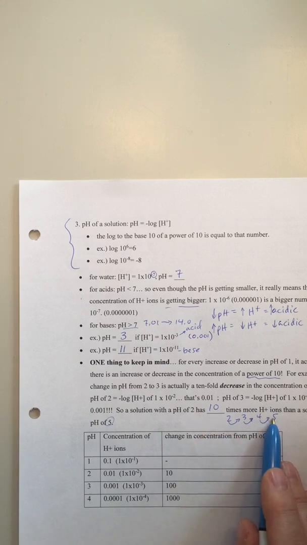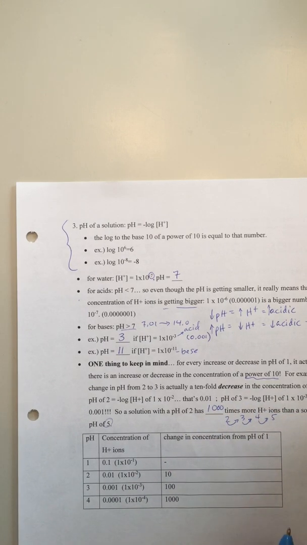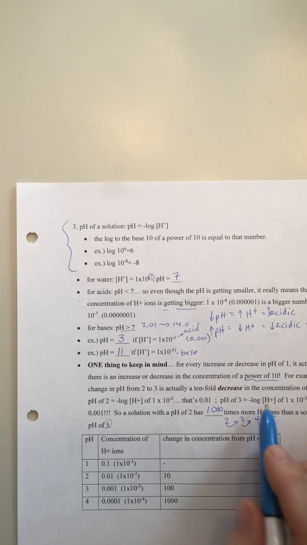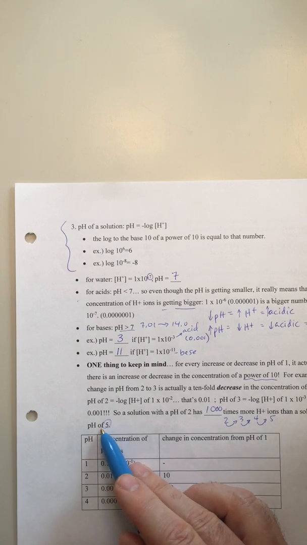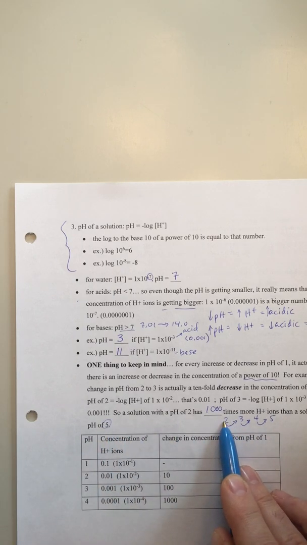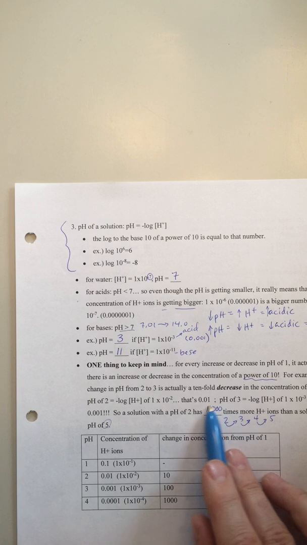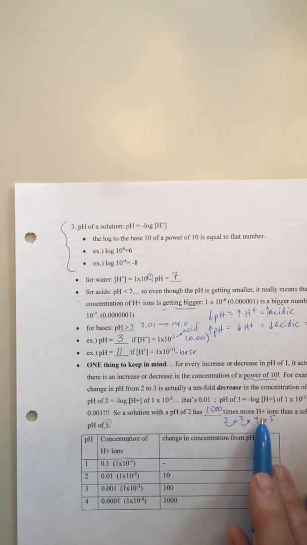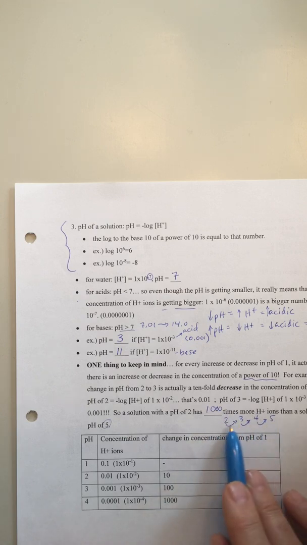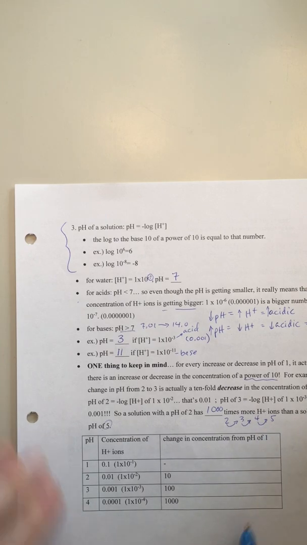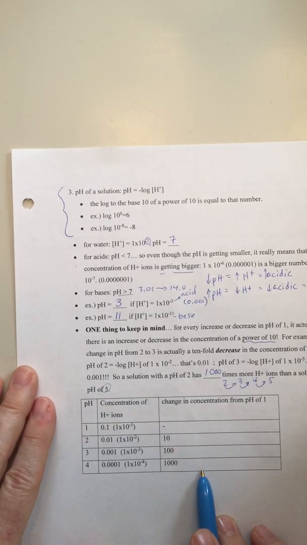And from 4 to 5 is another 10. So this is actually 1,000 times more hydrogen ions than 5. So when we go from 2 to 5, that means a pH of 2 is 1,000 times more acidic than a pH of 5. And I've just shown this in chart form.